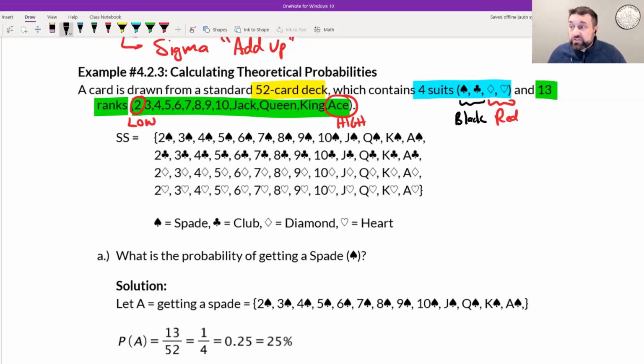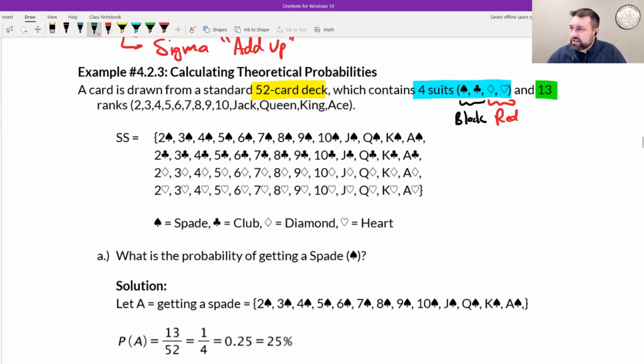Also, when you look at the ranks, 2, 3, 4, 5, 6, all the way up to ace, the jack, queen, and king are called face cards. They're called face cards because there is the face of the jack, queen, and king on the card. The other cards do not have pictures of human beings on them, right? They're just like little icons, 6, 7, 8. And so there are some subcategories going on here that you need to be aware of. But in general, this is our sample space.